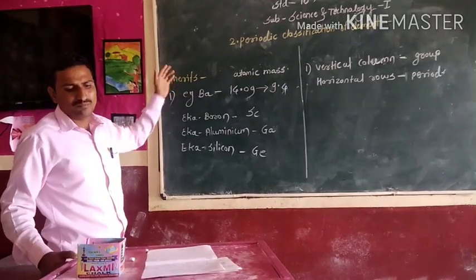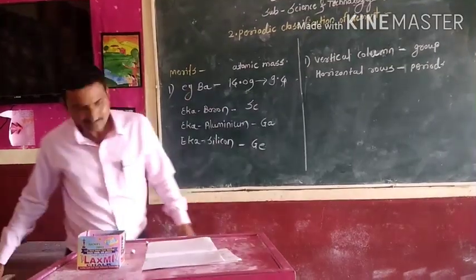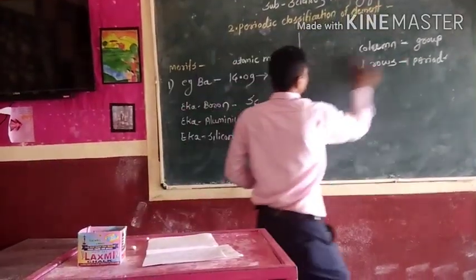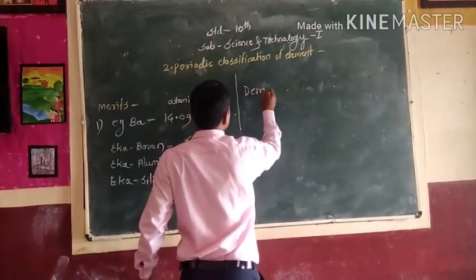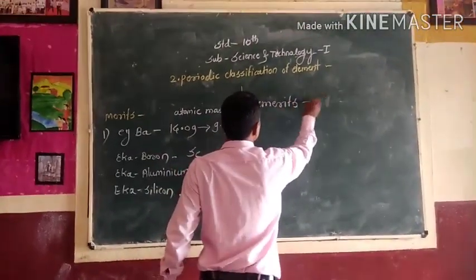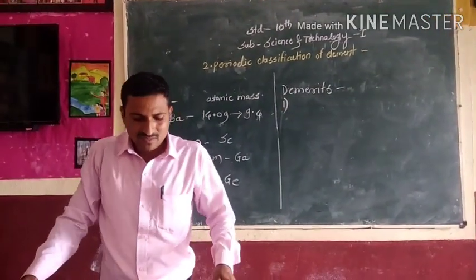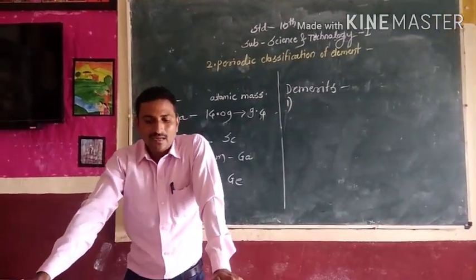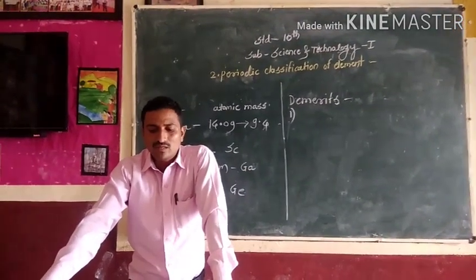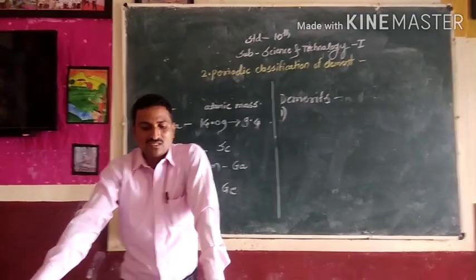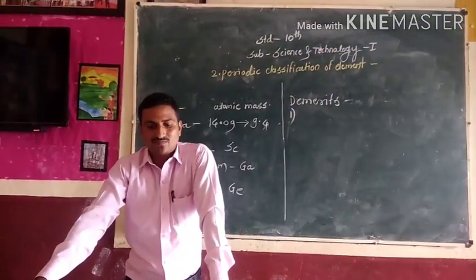There are also some demerits in the Mendeleev periodic table. The first demerit is that cobalt and nickel have the same whole number atomic mass, so there is ambiguity regarding their sequence.